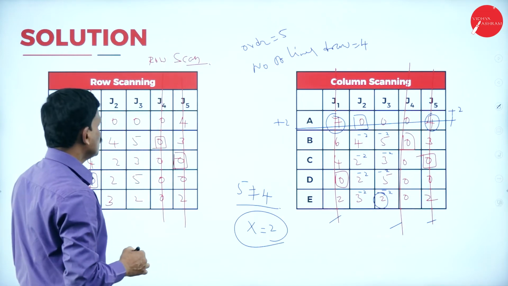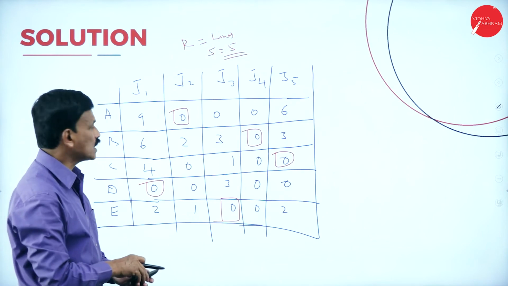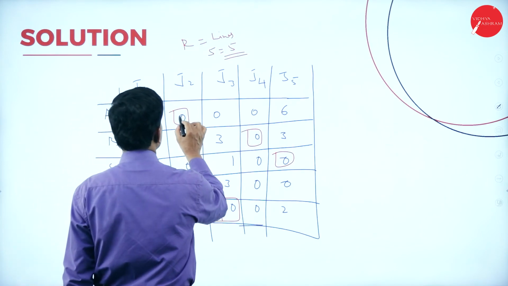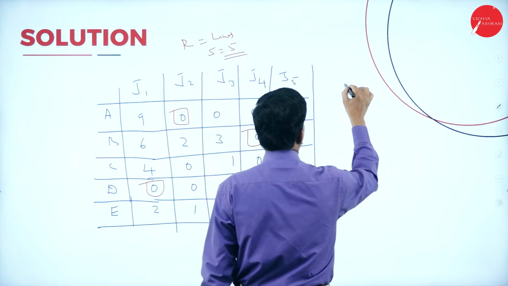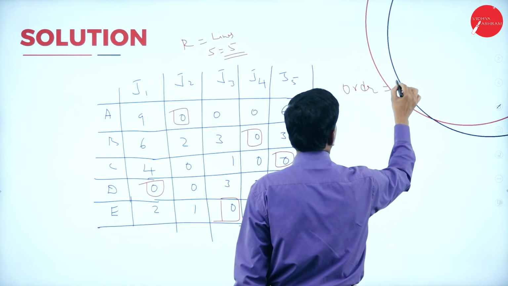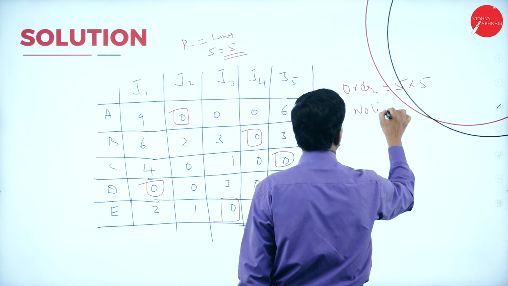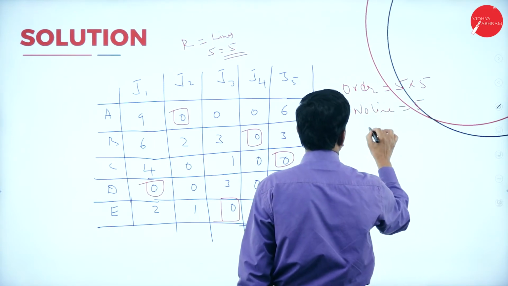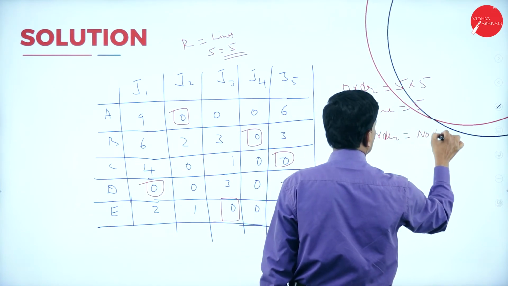The number of rows we have cancelled is 1, 2, 3, 4 and 5. So the order is 5 cross 5 and the number of lines we have drawn is also 5. So order is equal to number of lines.